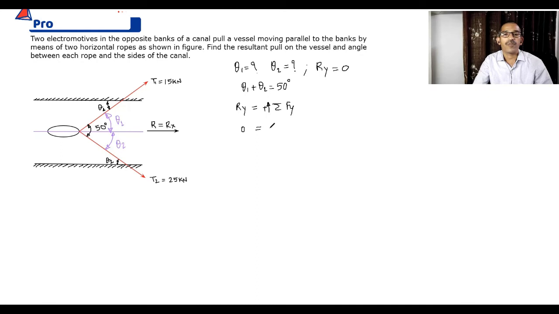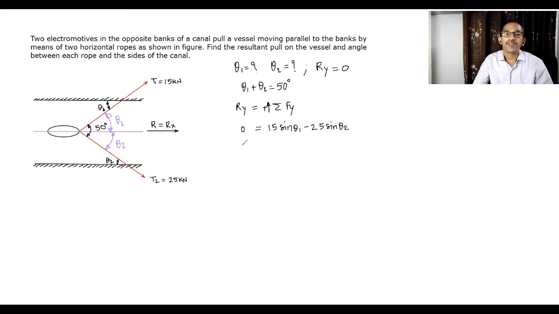In the summation of Fy, the component of T1 is 15, vertically upward, and it is a sine component because the inclination is given with the horizontal. The component of 25 is in the downward direction, and this is also sine because inclination theta 2 is given with the horizontal. So 15 sine theta 1 minus 25 sine theta 2 equals 0. That means we get a relation between sine theta 1 and sine theta 2.